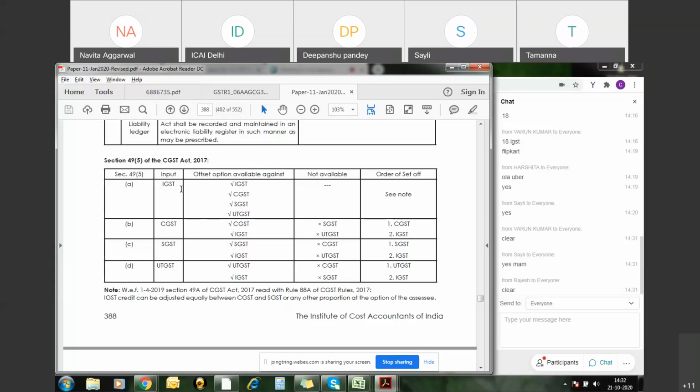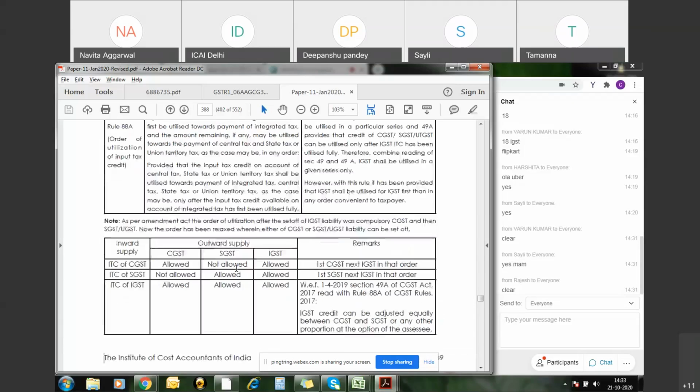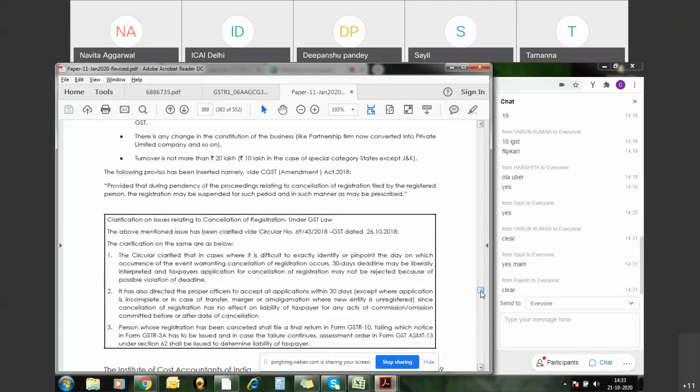IGST input can be set off against the IGST output liability, and it can be set off against the CGST output liability, SGST and UTGST. Now, the order of setting off. First it should be set off against IGST, then CGST, then SGST, or if it remains, against UTGST. And normally SGST and UTGST come together, either it will be SGST or it will be UTGST.